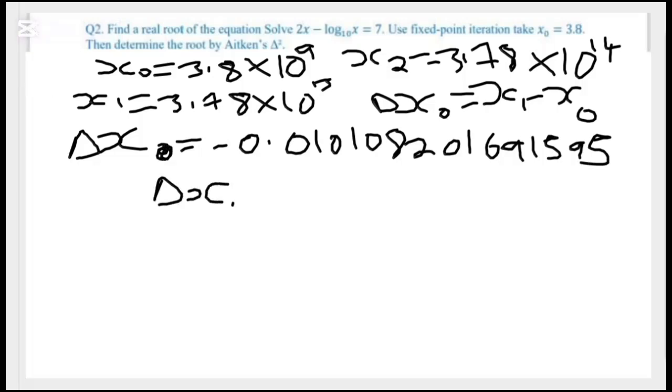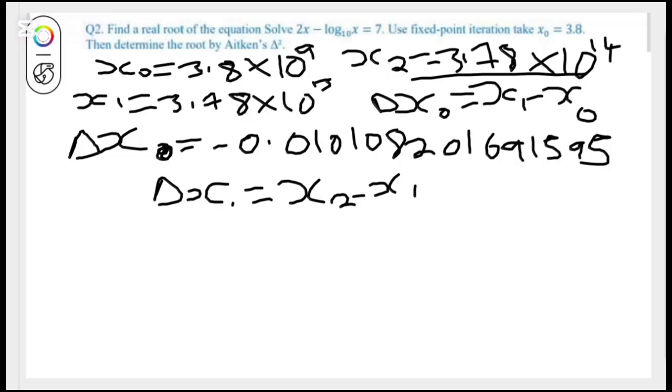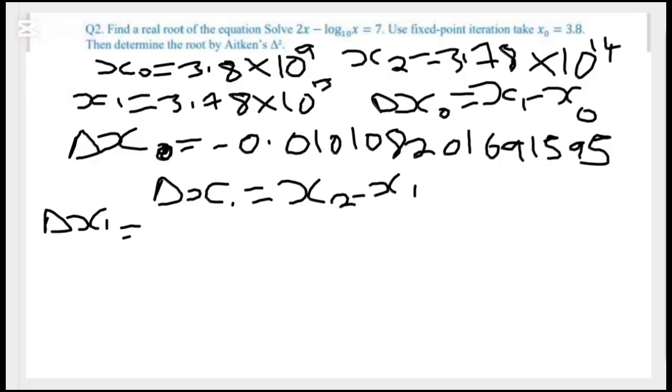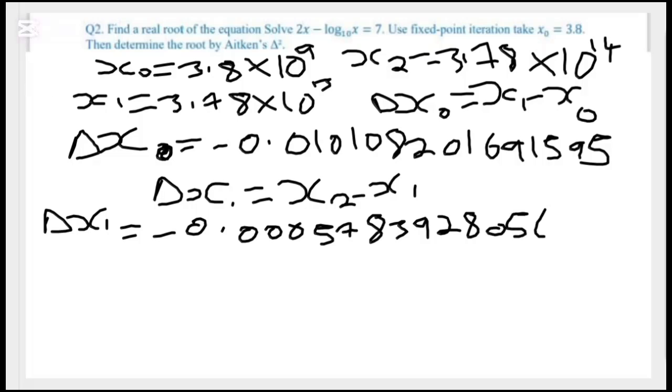You have to take note of that. It is equals to x2 minus x1. So I will say x2 minus x1. What should I going to get? So my dx1 is equals to negative 0.005783928056866.